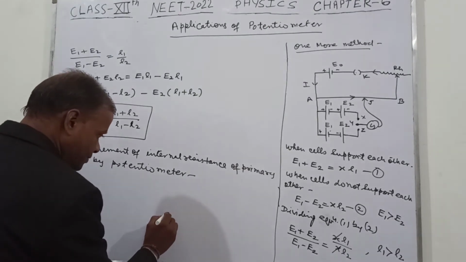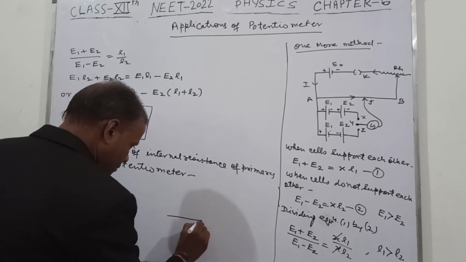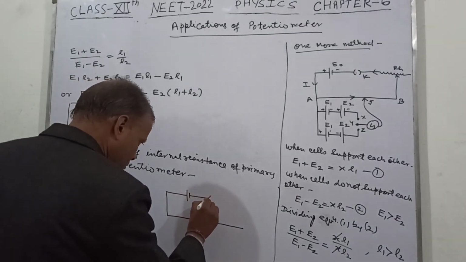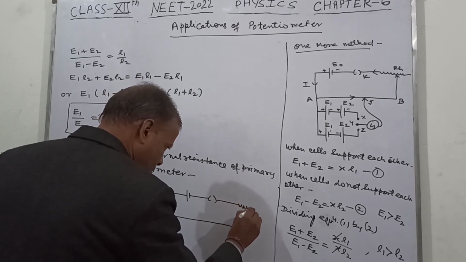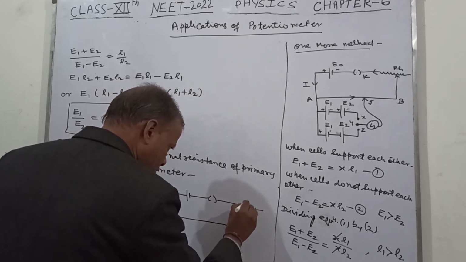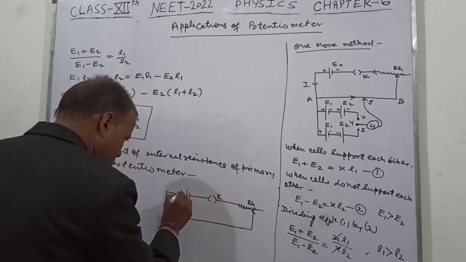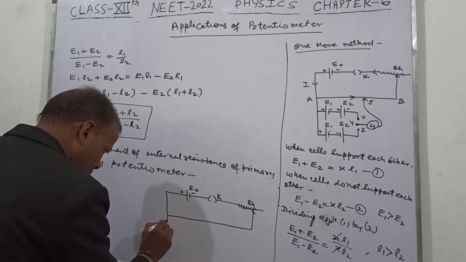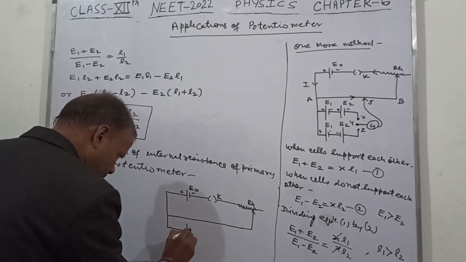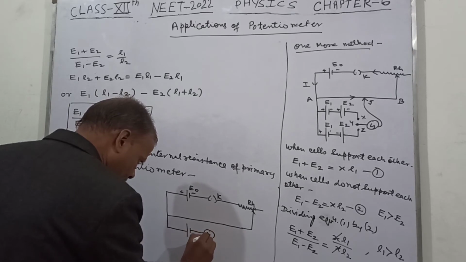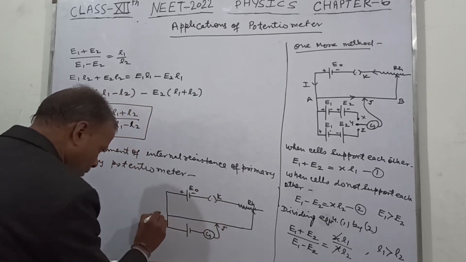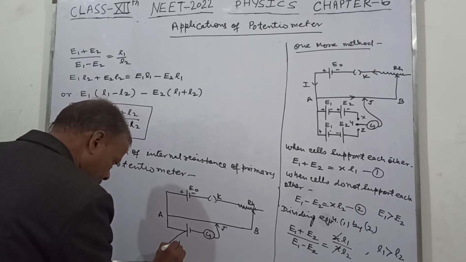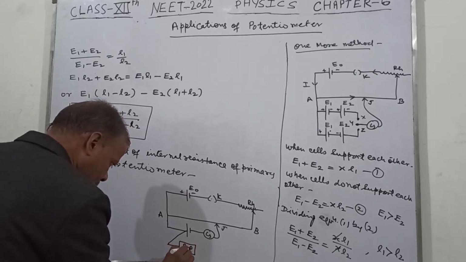Now we are having this wire AB, and resistance box.